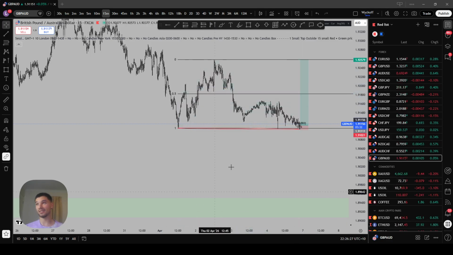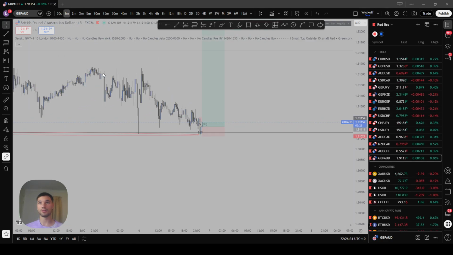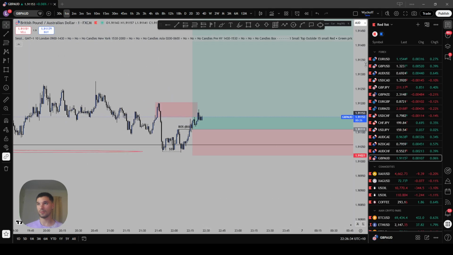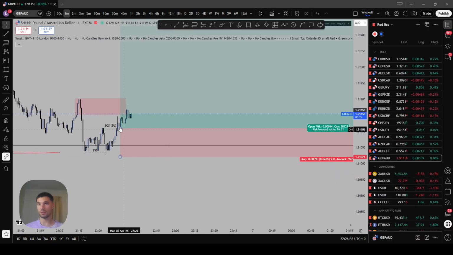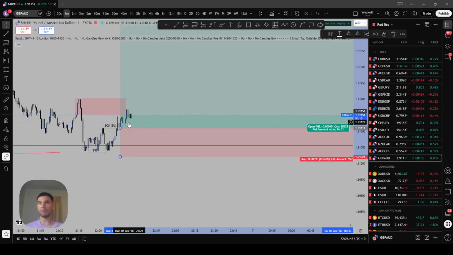That is pretty good. Essentially, if price can pull back in here, I'll be limit entering. If it doesn't, I'm okay with that.